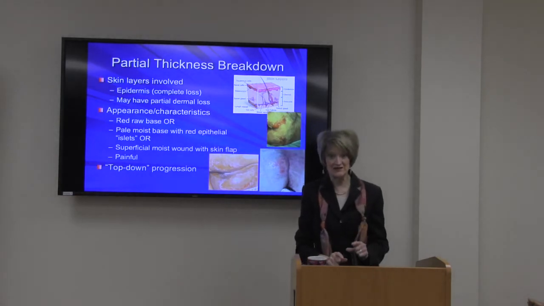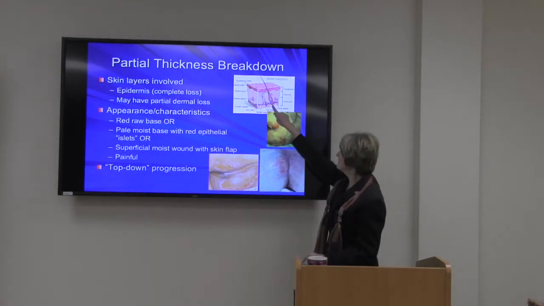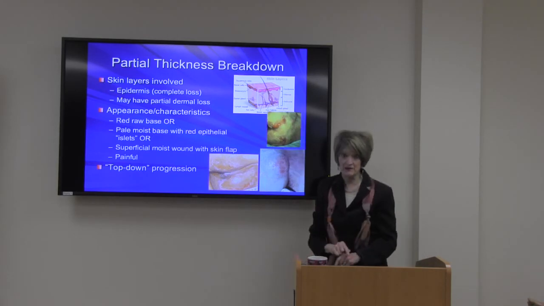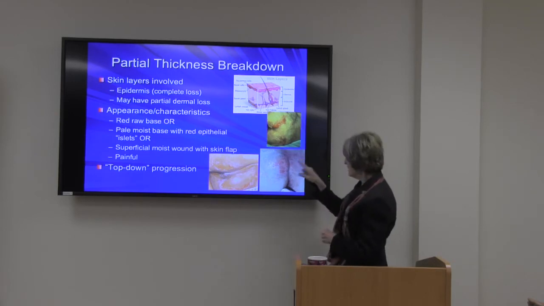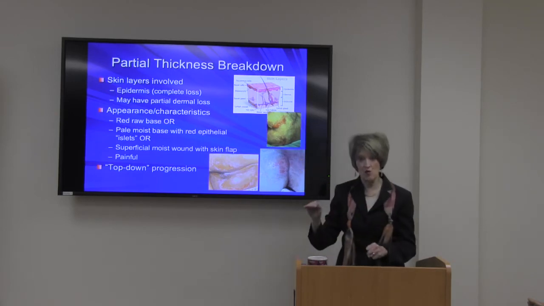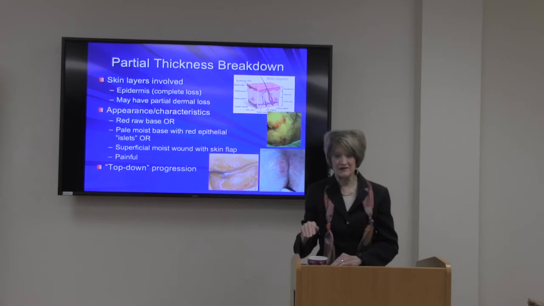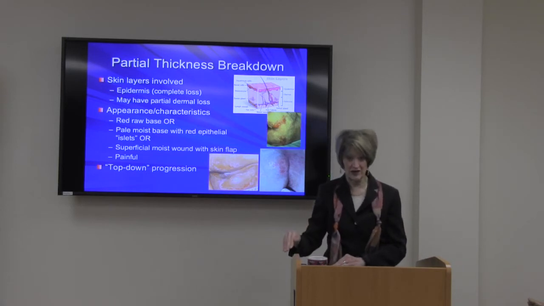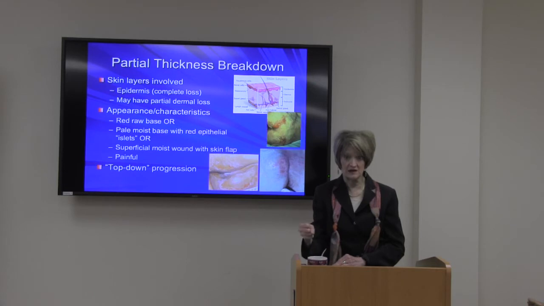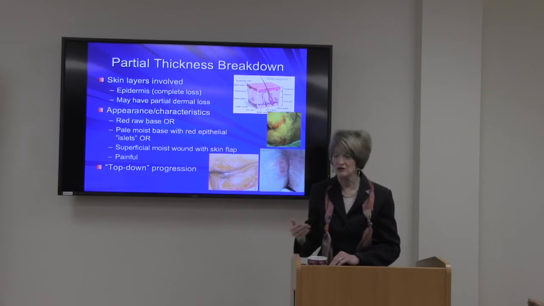So every place that you have a hair follicle, you'll have a little patch of reproductive basement membrane, which looks bright red. So when you look here, you've got a pale white ulcer base, but scattered throughout the ulcer base, you have distinct red epithelial islets. So it's white with little red bumps. You don't chart it that way, but that's how it looks.